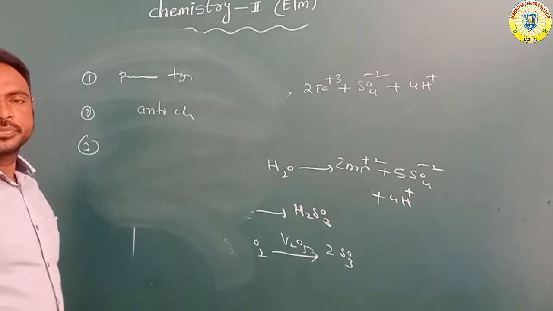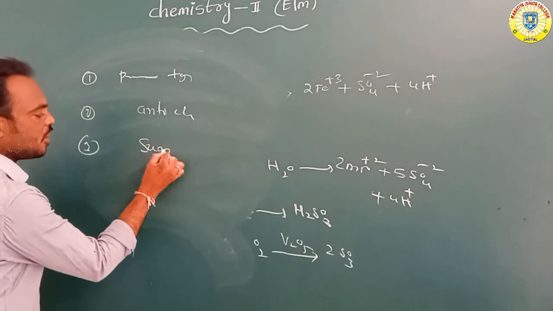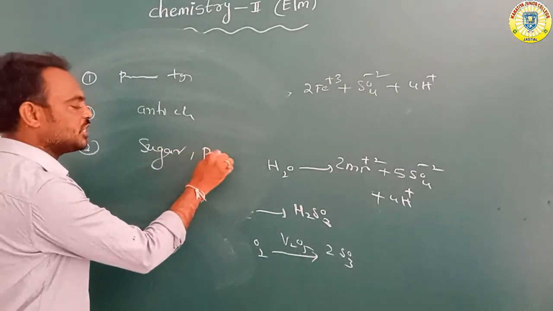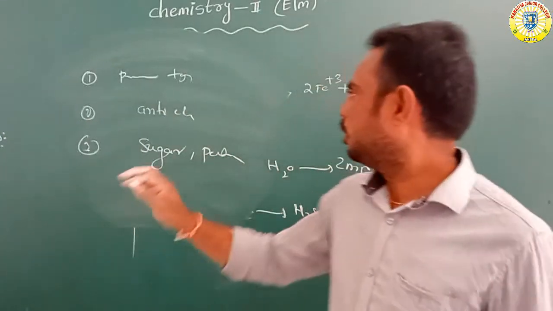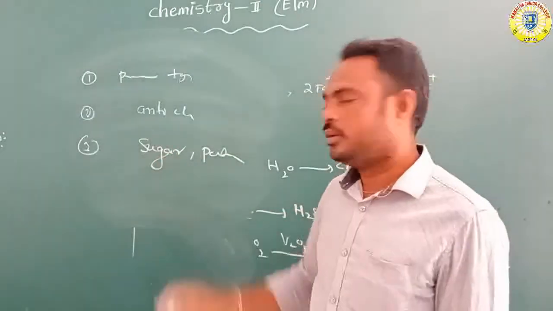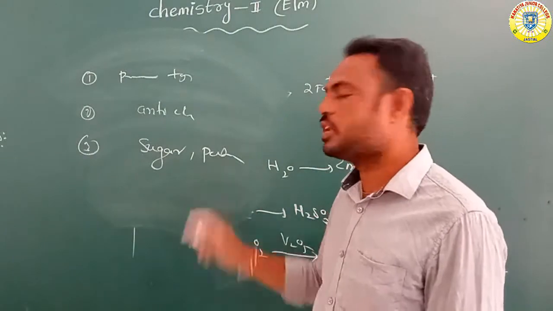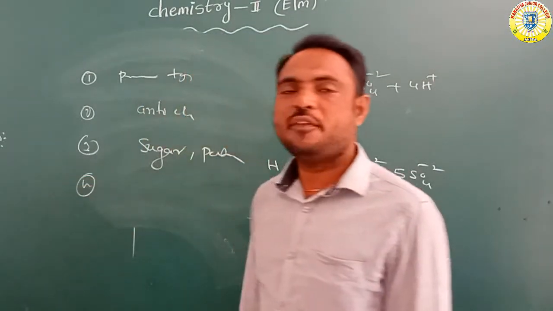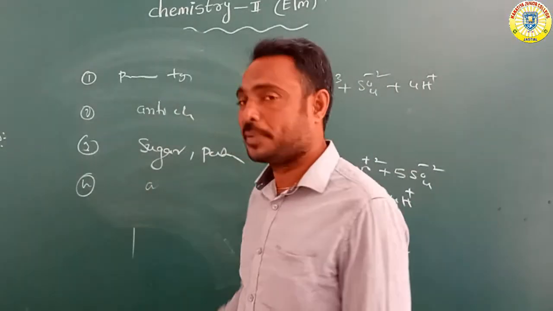Third, it is mainly used for the purification of sugar and the purification of petrol. Next, sulfur dioxide is used for bleaching.